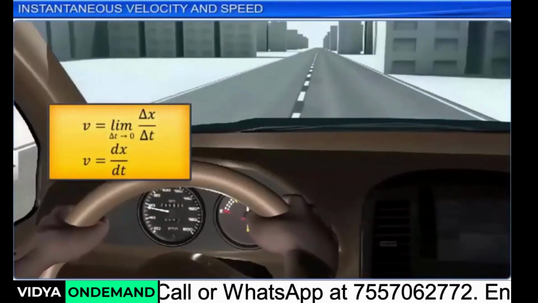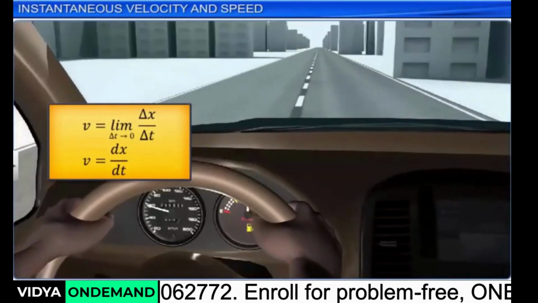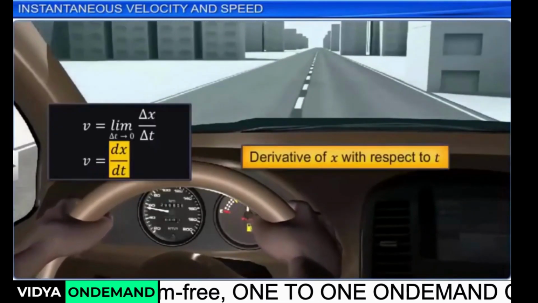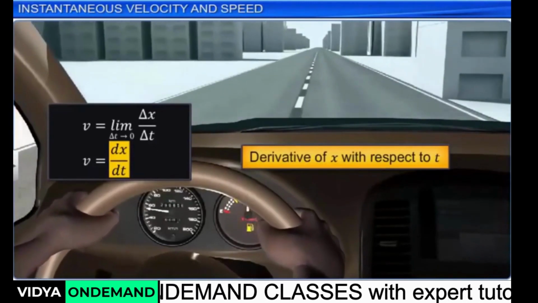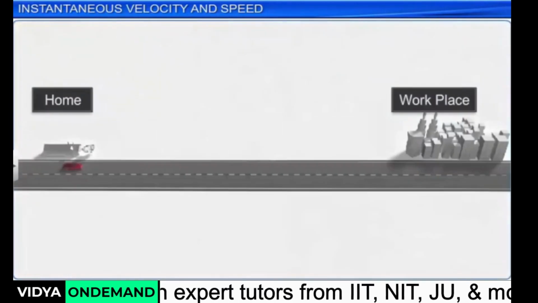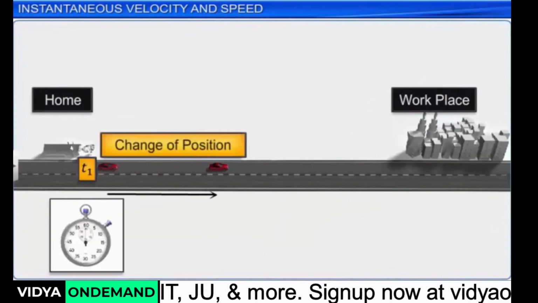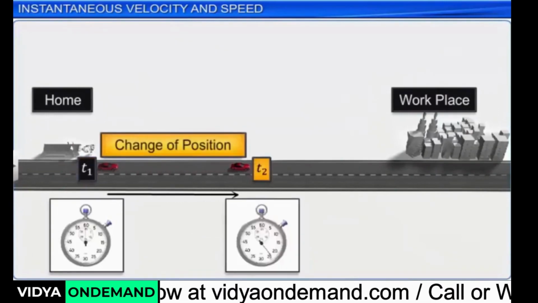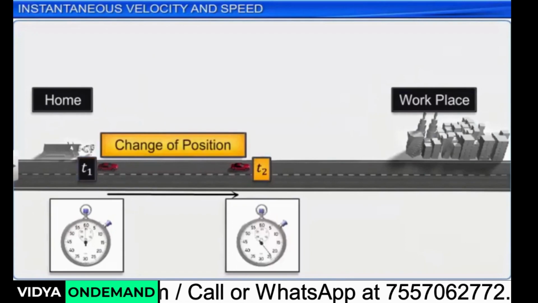In differential calculus, the right-hand side of this equation is called the derivative of x with respect to t. It represents the rate of change of position with respect to time at that instant of time.